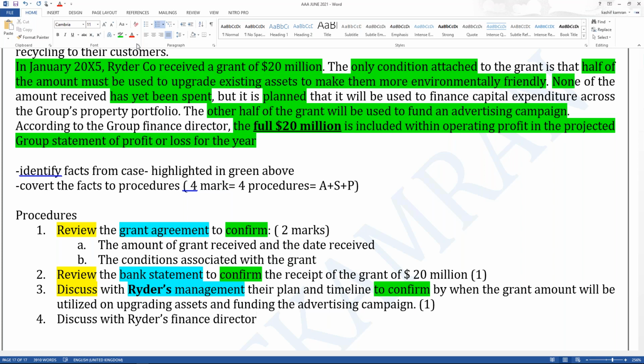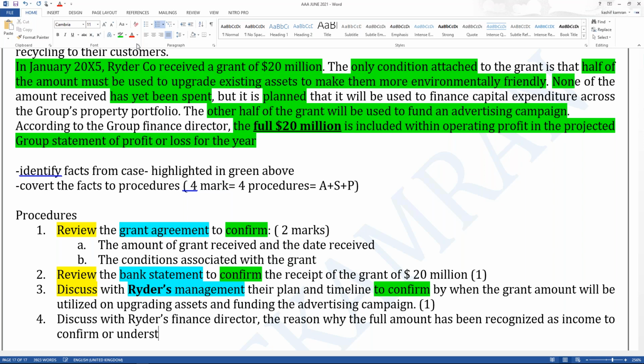Discuss with Riders finance director the reason why the full amount has been recognized as income, to confirm or understand the finance director's rationale.